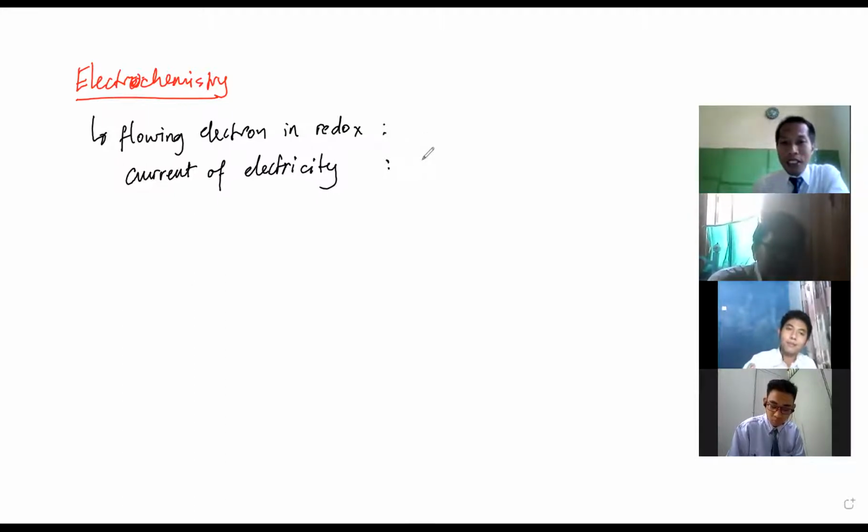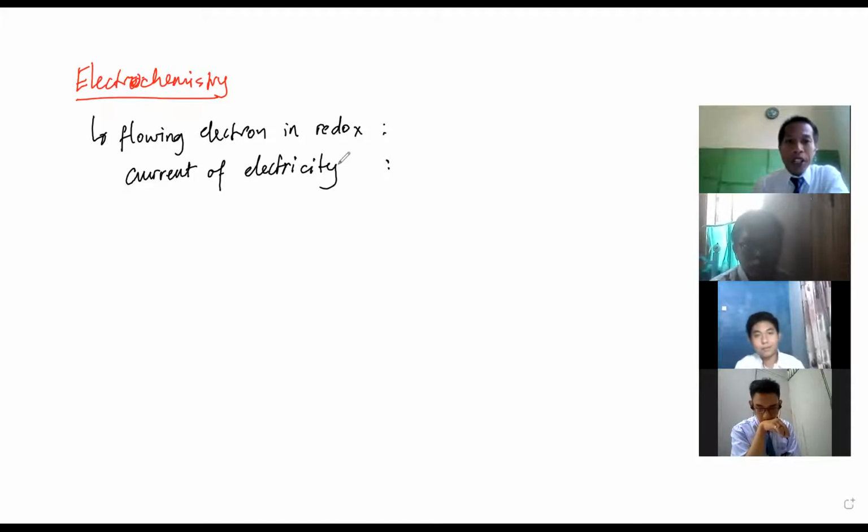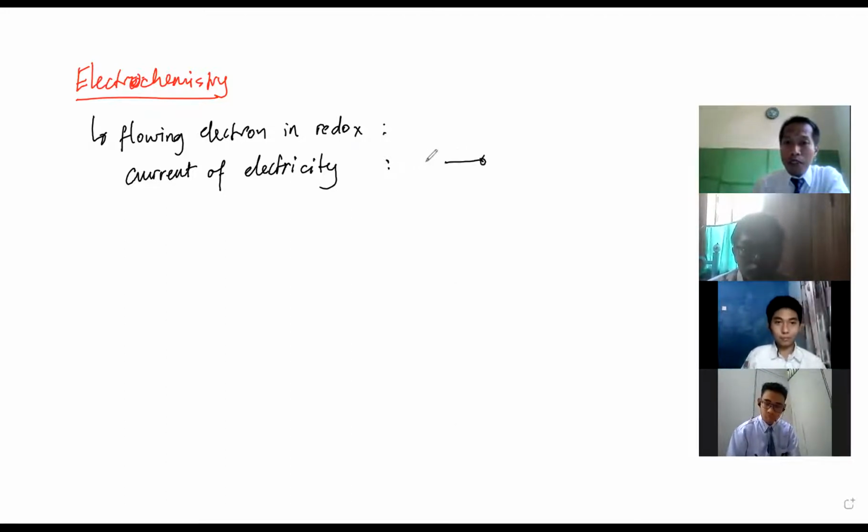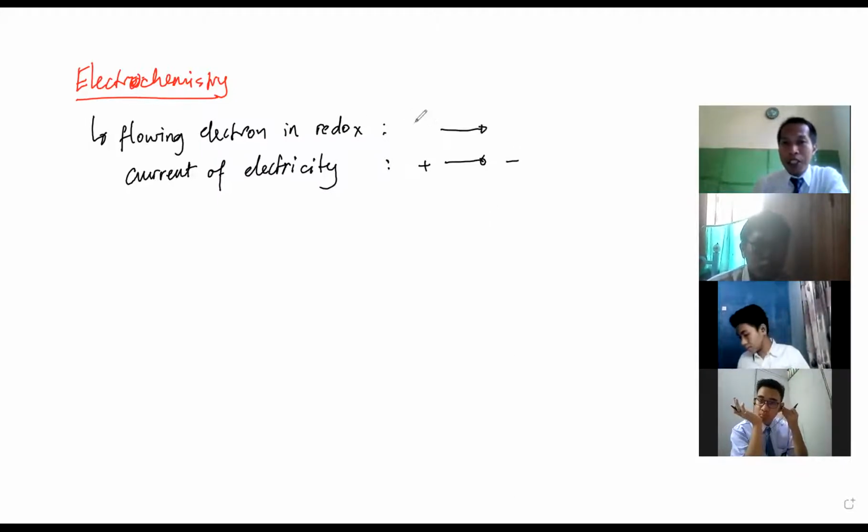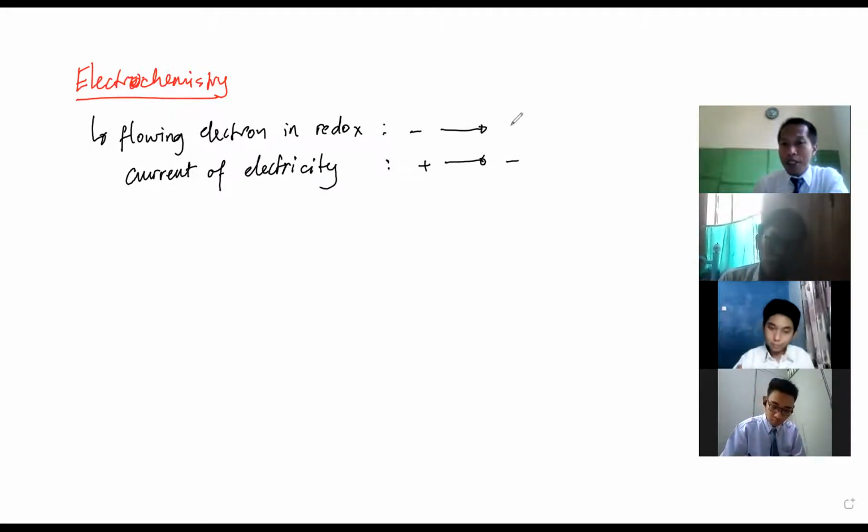Right. Let's see from that point of view. You said that current of electricity is the movement from positive to negative, isn't it? So in redox, somehow it is opposite. In redox, the electron will move from negative to the positive. So this is the difference.